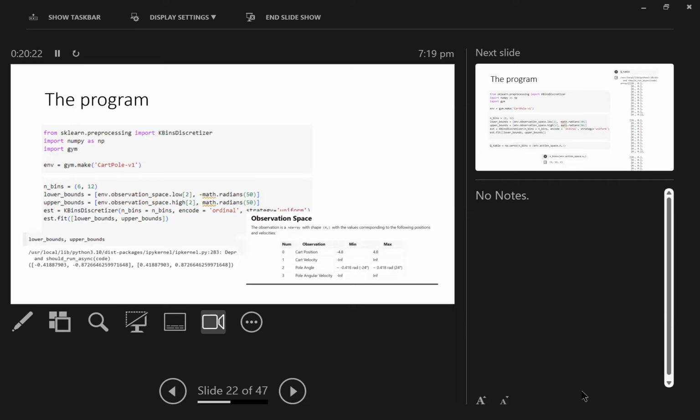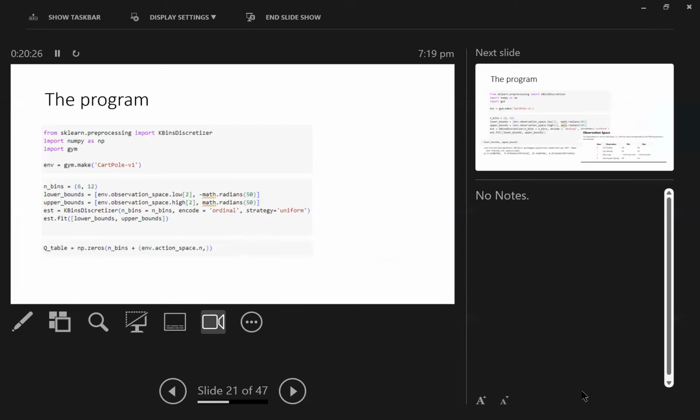So this gives you some ordering, and the strategy here is uniform. Uniform means that you divide the range uniformly into bins. I suppose this is a very commonly used strategy, but there are others. But anyway, we don't get into that.